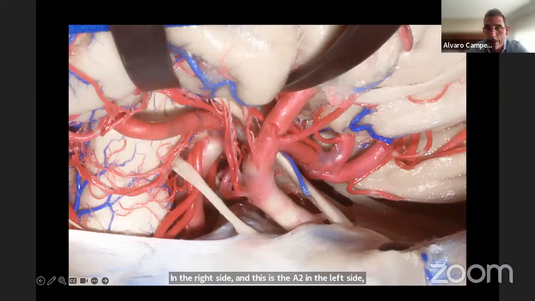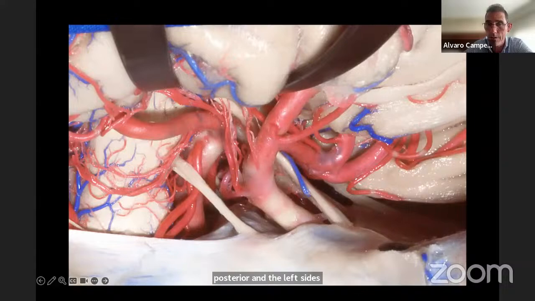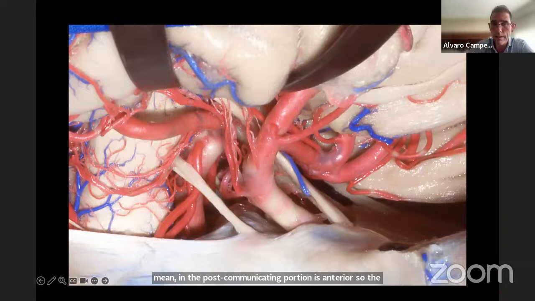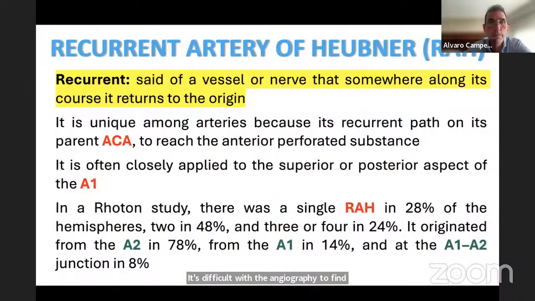So we can see here that the right side is posterior and the left side, I mean, in the post-communicating portion, is anterior. So the ACom artery complex is not perpendicular, it is in an oblique position. That is why it is difficult with angiography to find sometimes small aneurysms.